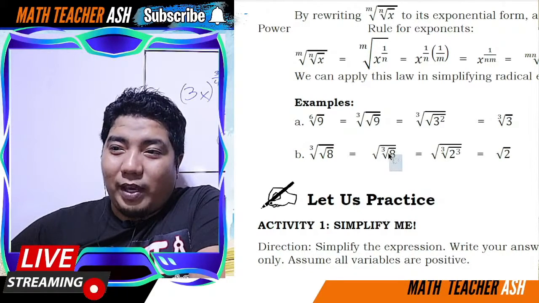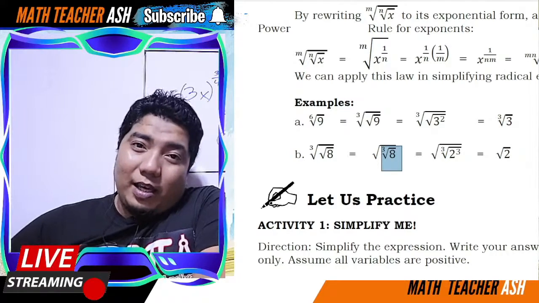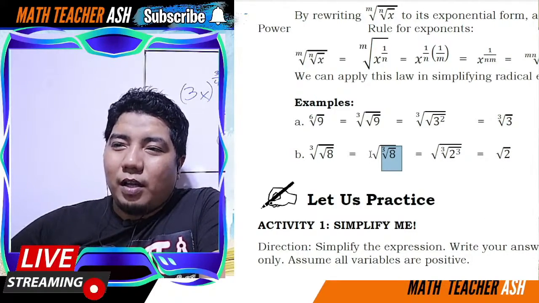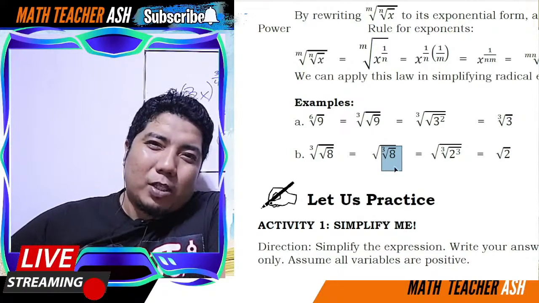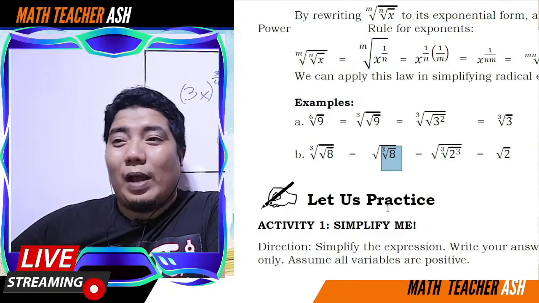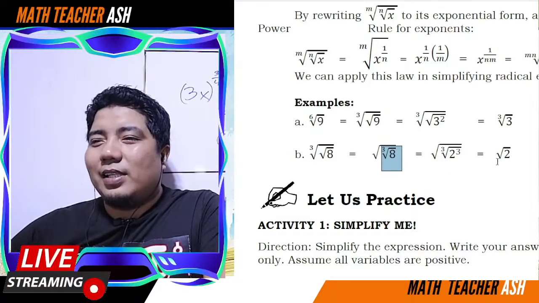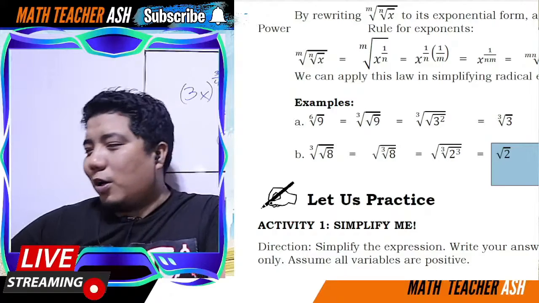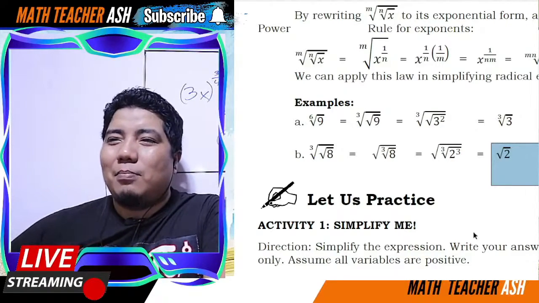Now, the cube root of 8, ayan, is 2. So, therefore, you copy 2. However, may square root ka pa dyan. Meron bang square root si 2? Alright, wala. So, therefore, if that is the case, then your final answer is square root of 2. Alright, ganun lang kadali, my dear math learners.